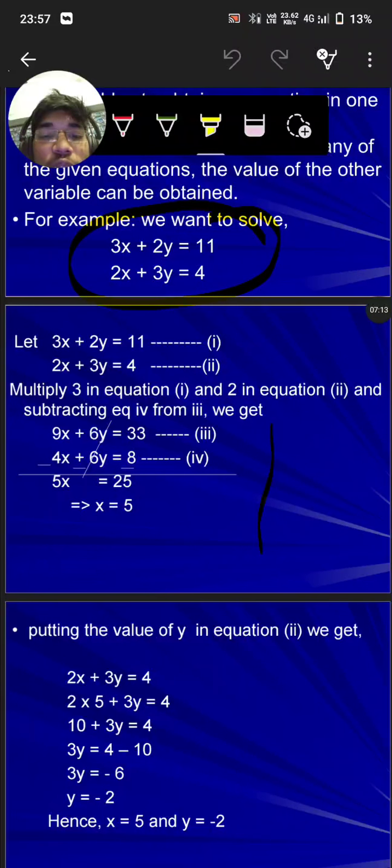By subtracting, we get y, then put it in either equation to get x. This is how we analyze linear equations.